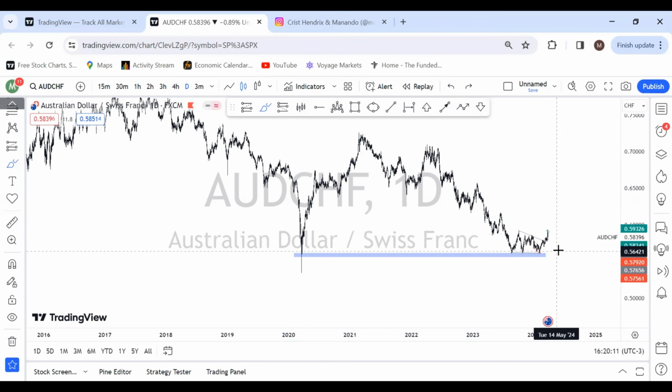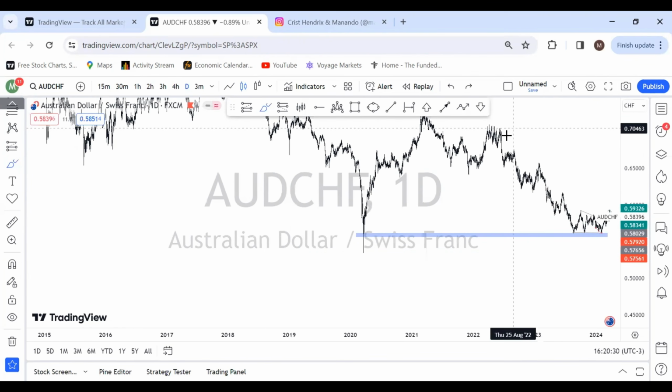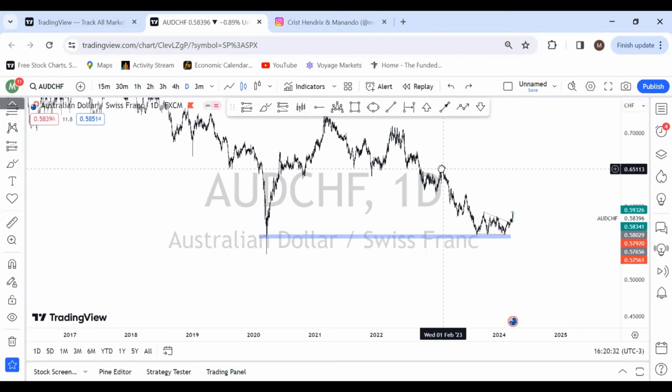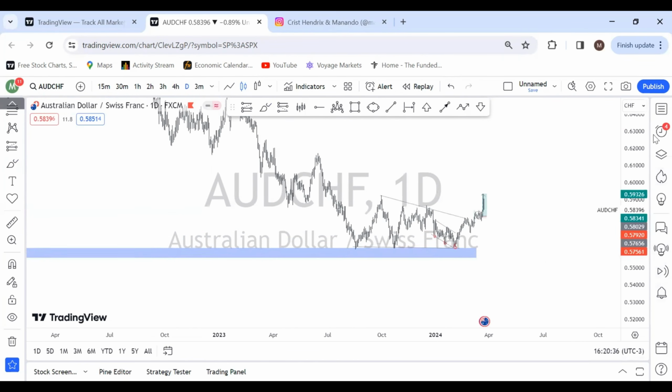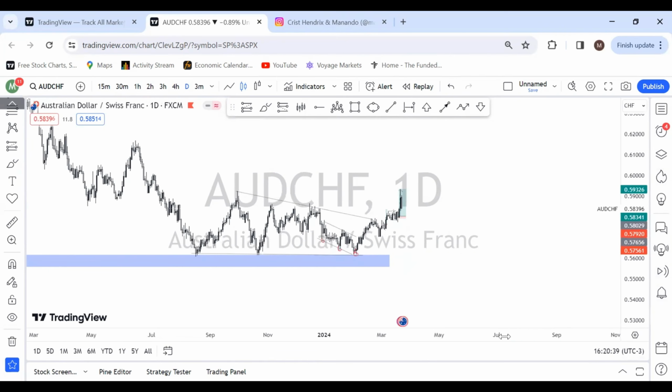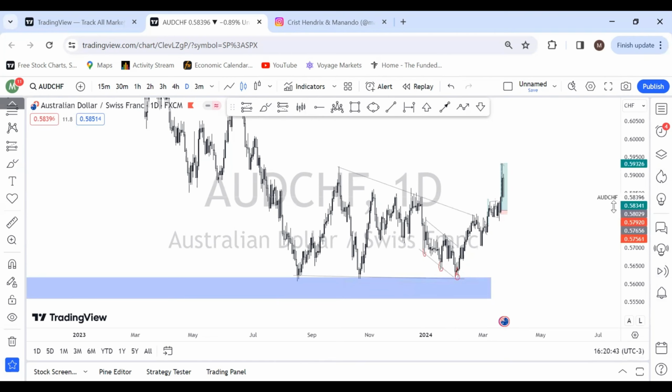And just notice how the price gets to the support. It doesn't just get to the support and then bounce back up. It just started playing around the support before that breakout that we traded. And that tells you so much about what the price is doing or trying to achieve.